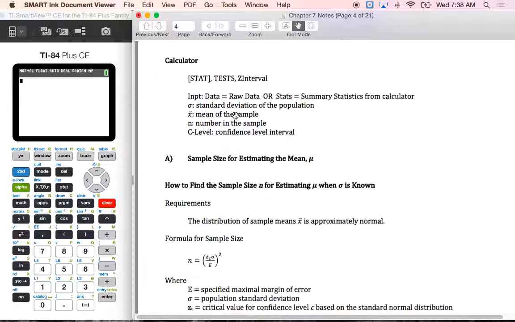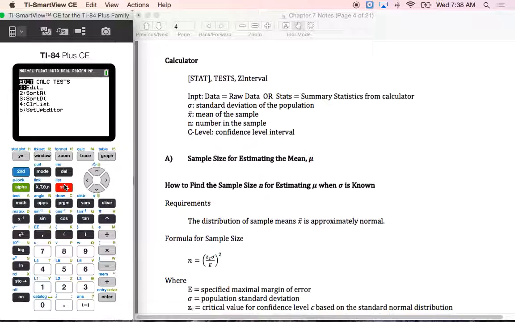So if I want to use my calculator, we're going to look at the last example you just did on your own with Walter. We're going to use the exact same numbers with the Walter problem. So we would hit our stat button, we're going to go over to tests. Now you're looking for Z interval, so we want to scroll down to Z interval.